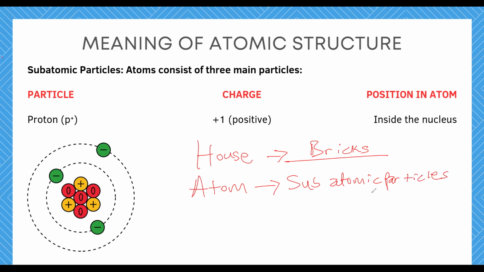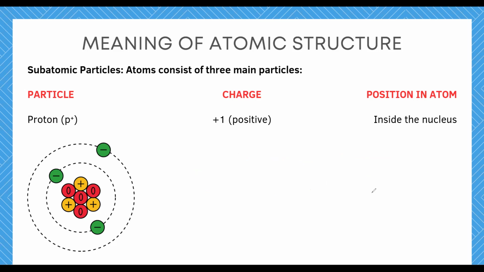The first one we are looking at is the particle called the proton. Somebody say after me, proton. Very good. The proton is the subatomic particle in an atom that is positively charged. Now, don't get confused.